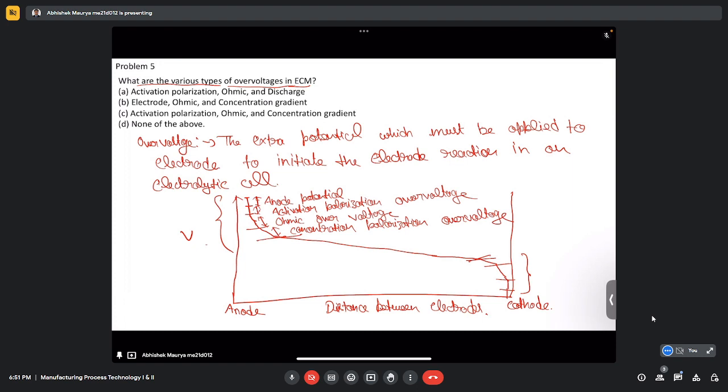So these are all the regions of the double layer. These are the four voltages which I have shown here.